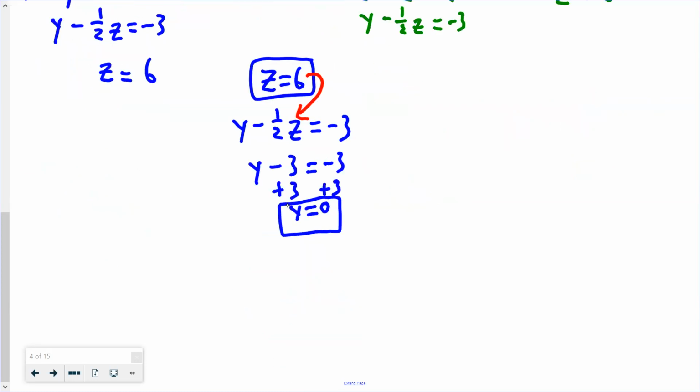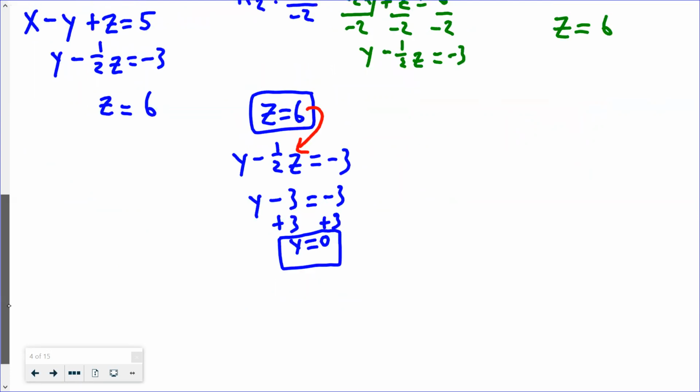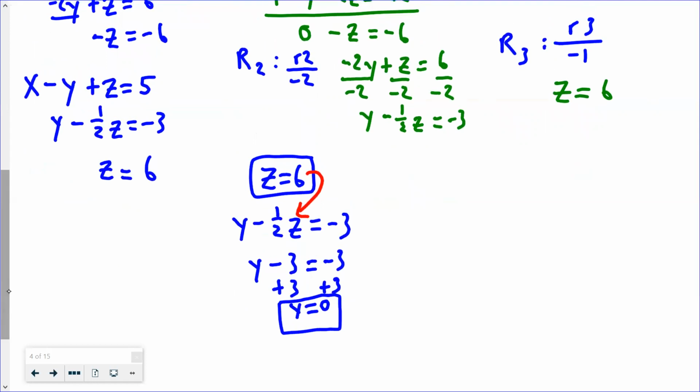So now I've solved for z and y. Now I need to plug those into our first equation, and we'll get x. So the first equation says x minus y plus z is equal to 5. I'm going to plug in that y is 0 and that z is 6.